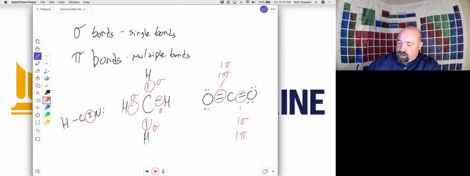Our triple bond here consists of one sigma bond and now two pi bonds. And between the hydrogen and carbon, we have one sigma bond.